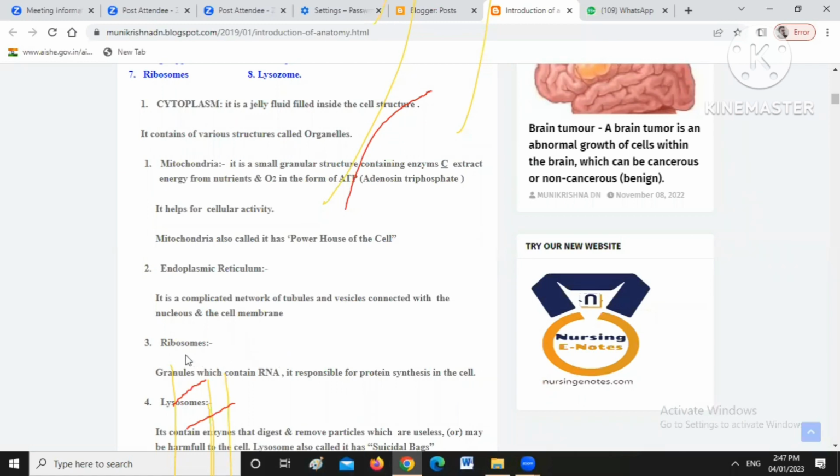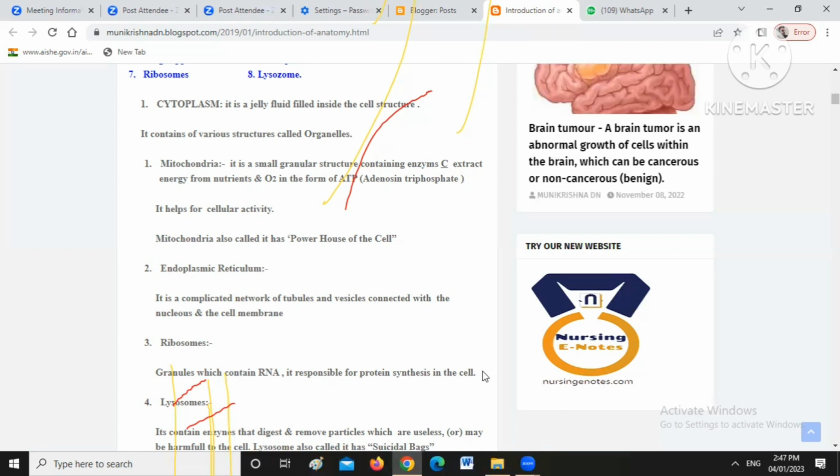Next, ribosomes. These are the granules which contain RNA. What is RNA? RNA is ribonucleic acid. The granule contains ribonucleic acid and is responsible for protein synthesis in the cell.